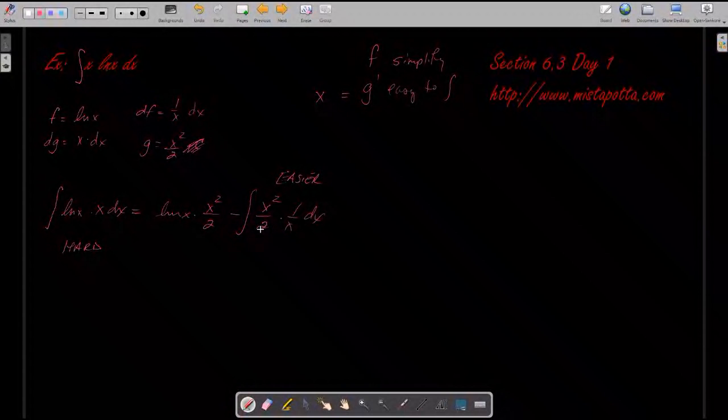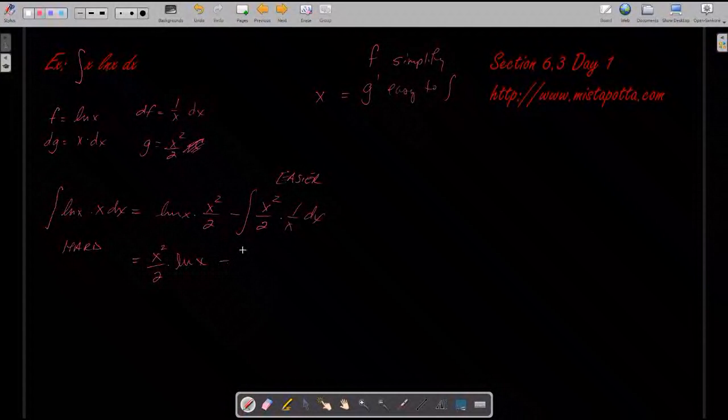So what I've got here is x squared over 2 times the natural log of x minus the integral of x over 2 dx.